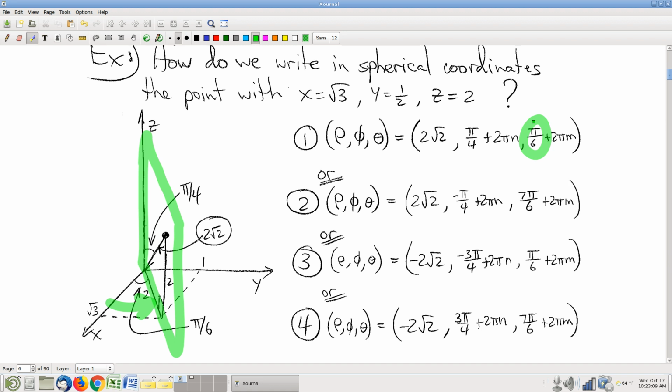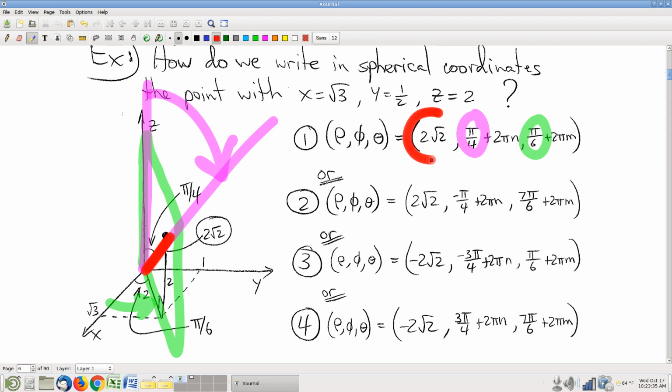Now, from the vertical, in that theta plane, how far do you have to go down in the direction of the theta that's been chosen to get to the direction that the point is? Well, that's pi over 4. And now that we've defined the direction, what's the distance that you go in that direction? Well, 2 root 2. Okay, so that's the free one.